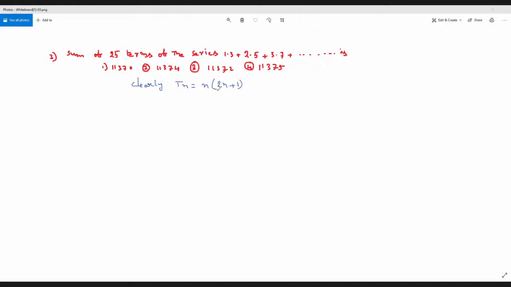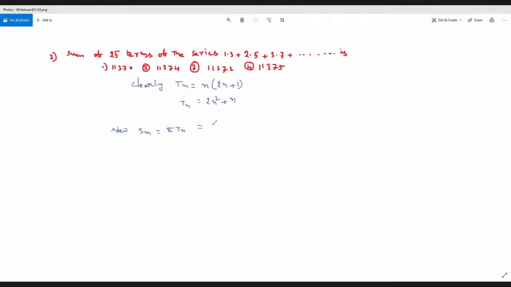So clearly the nth term is n into 2n plus 1. So it is also 2n square plus n. It is the nth term. But here we need the sum of 25 terms. Now Sn means sum of n terms. Sn is equal to sigma Tn.